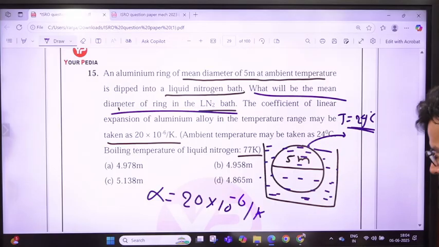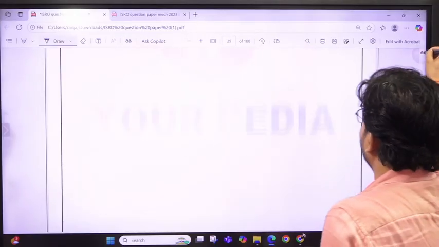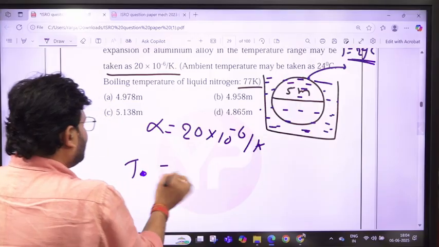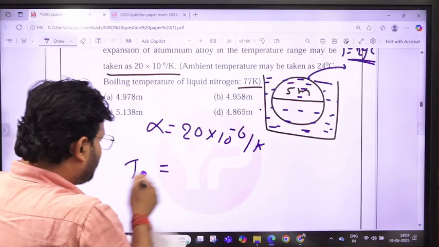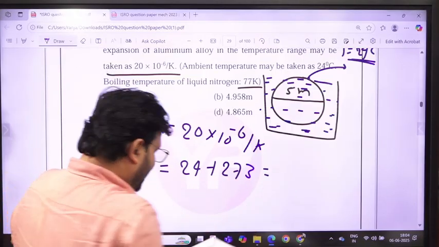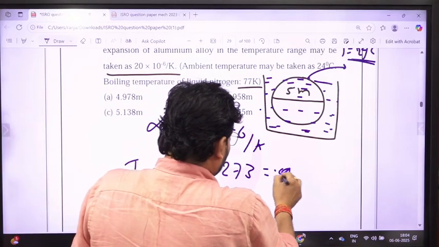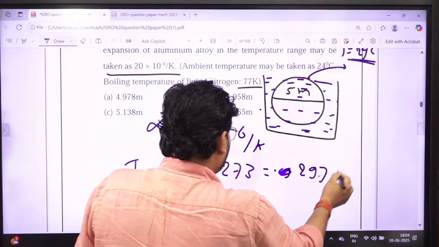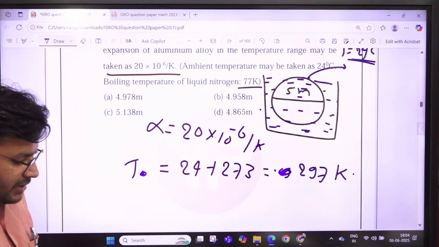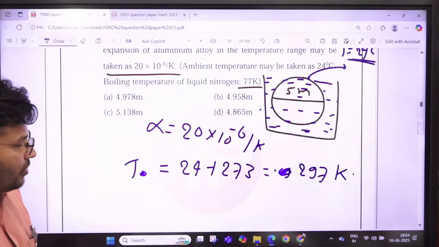Let's assume T naught is the initial temperature. T naught is 24 plus 273, so by solving that you will get 297 Kelvin. Now, what will be delta T?